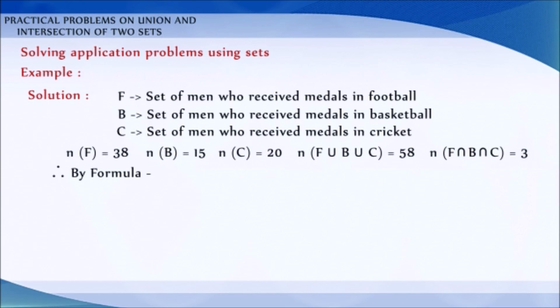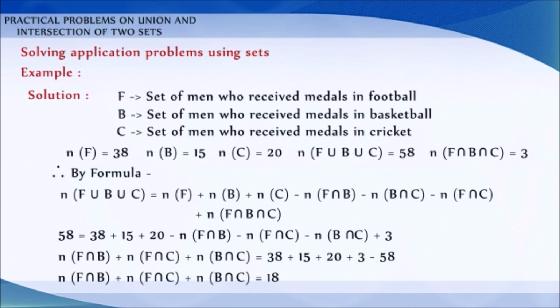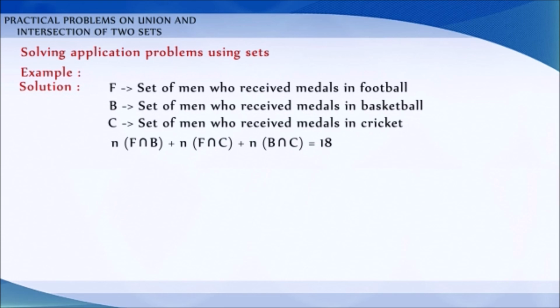Therefore, with the help of the formula, n of F union B union C is equal to n of F plus n of B plus n of C minus n of F intersection B minus n of F intersection C minus n of B intersection C plus n of F intersection B intersection C. We get n of F intersection B plus n of F intersection C plus n of B intersection C is equal to 18.